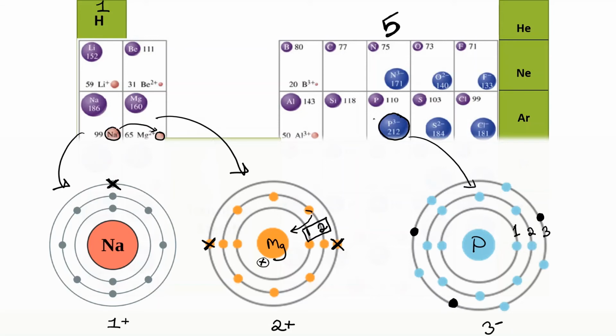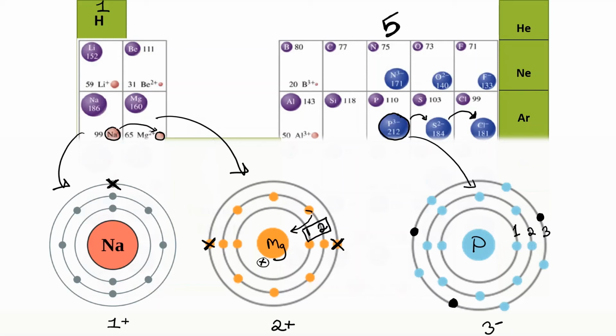That's why there's this huge difference in size. That's why sodium is the biggest, then it gets smaller and smaller, then we gain an entire energy level, and we get bigger again with phosphorus. And then our radius is going to get smaller and smaller again because we get more and more protons.